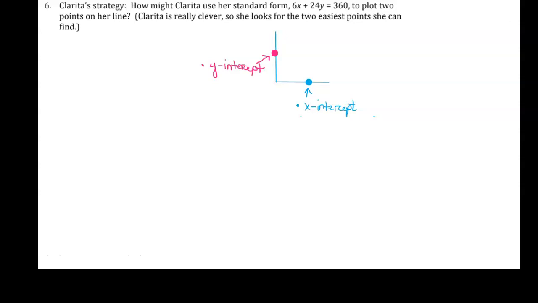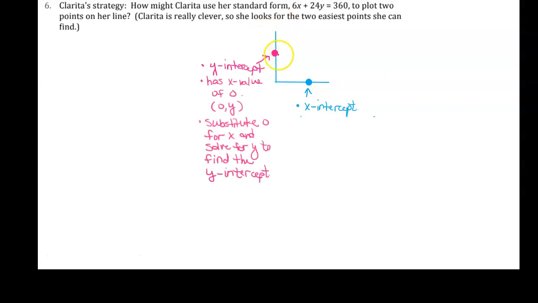So we know that when we're graphing points, where the line crosses the y-axis is called our y-intercept. And the point where the line crosses the x-axis is called our x-intercept. We know that the y-intercept has an x value that is 0.